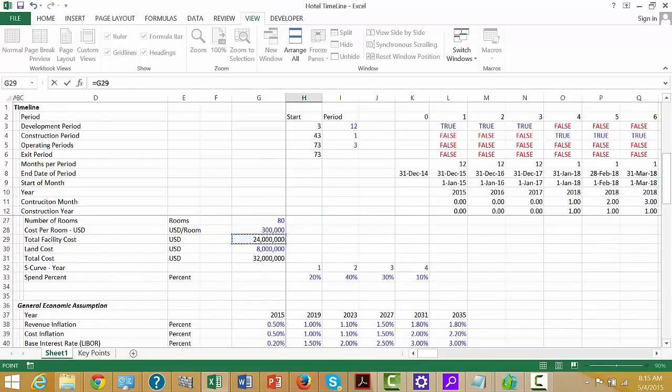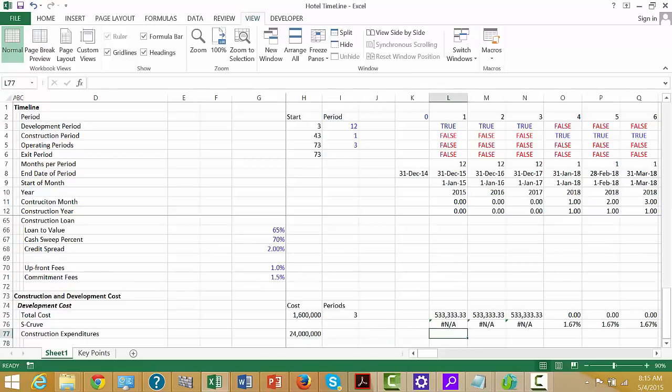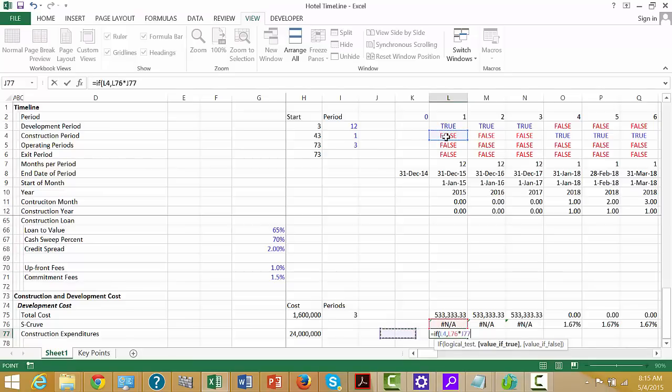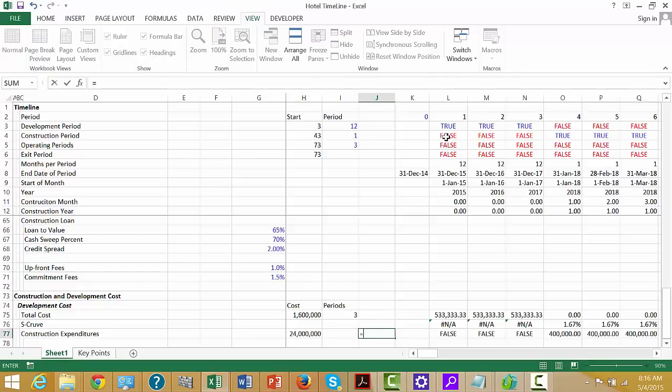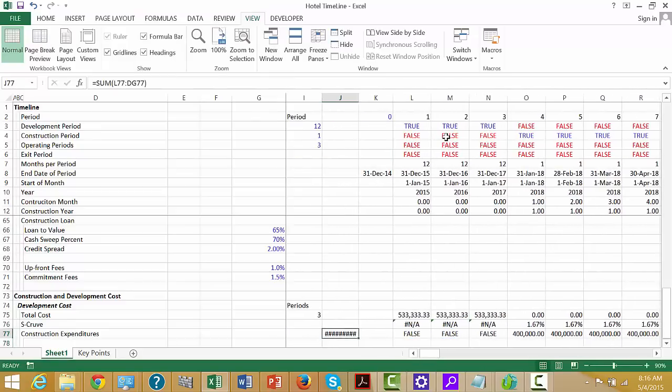That's our total facility cost, and we can just say, well, if it's the construction period, now the reason I'm doing this is just to get rid of the NAs, then let's multiply this by this one. And if we really wanted to make absolutely sure we didn't make some kind of silly mistake, we could put a little test here and sum up the construction costs.